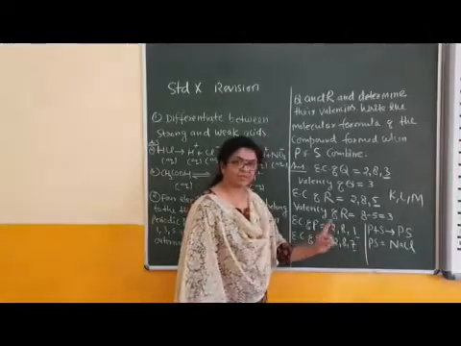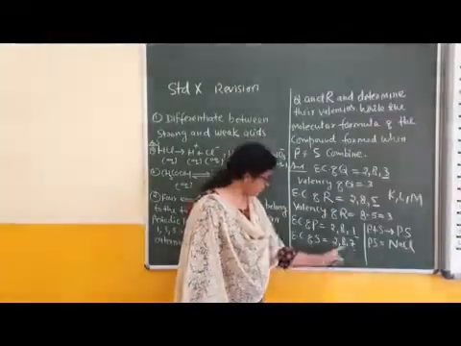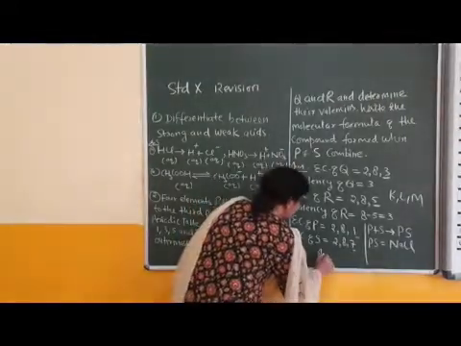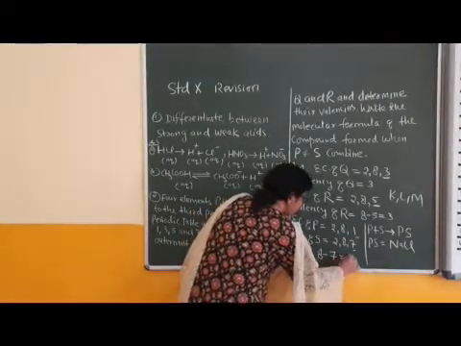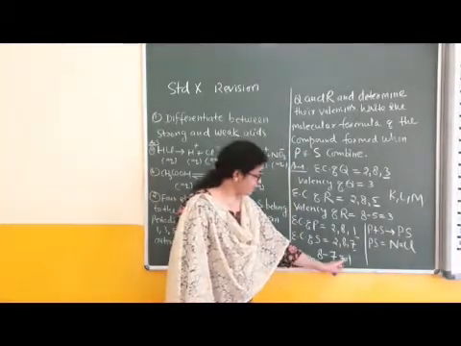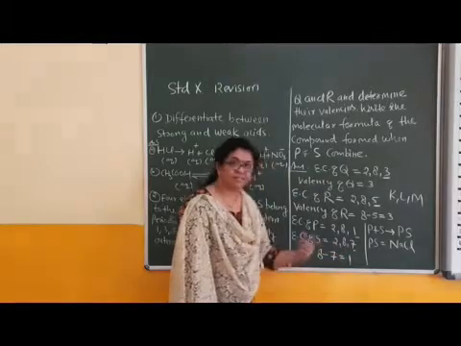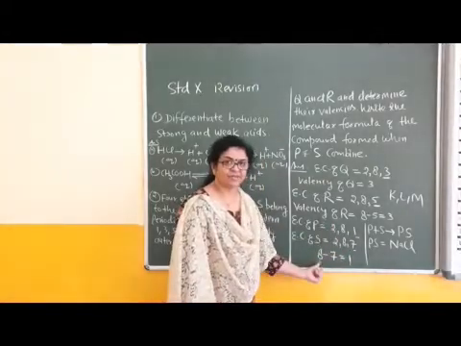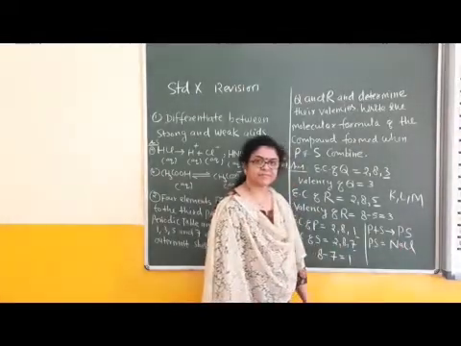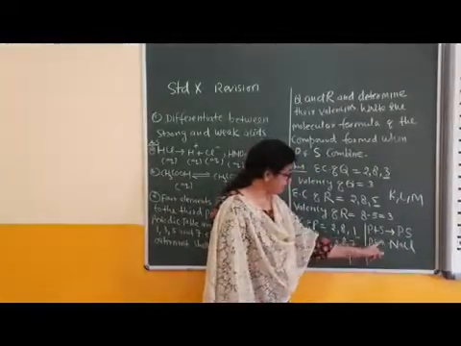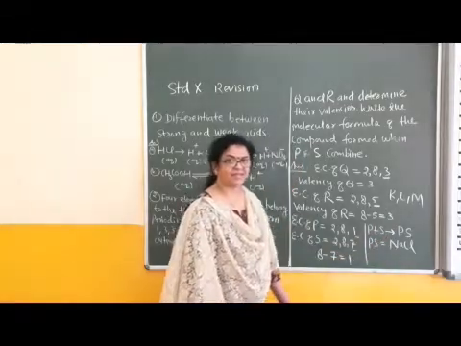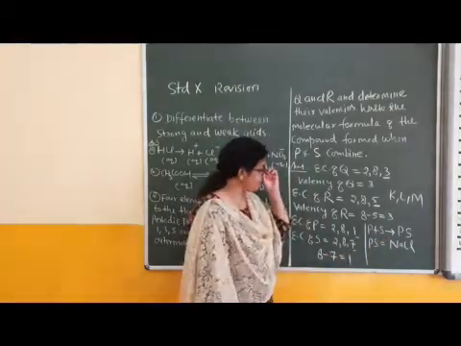Its valency is 1. And the valency of S is also 1: 8 minus 7 is equal to 1. The combining capacity of each element is the same, 1 and 1, so its formula is PS. When P is sodium and S is Cl, the known compound is NaCl, and NaCl is an ionic compound.